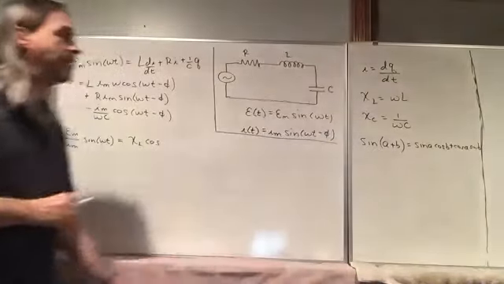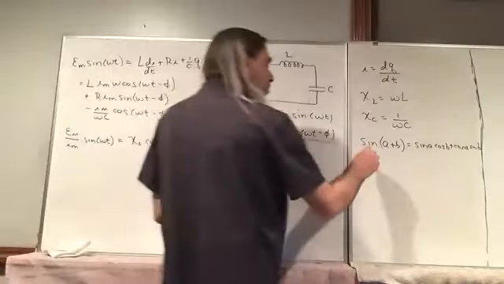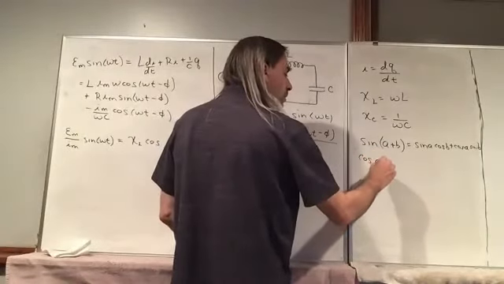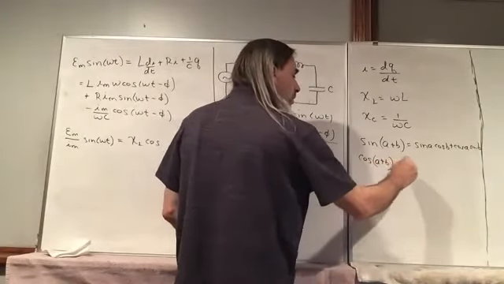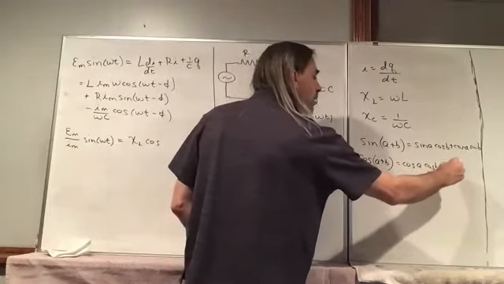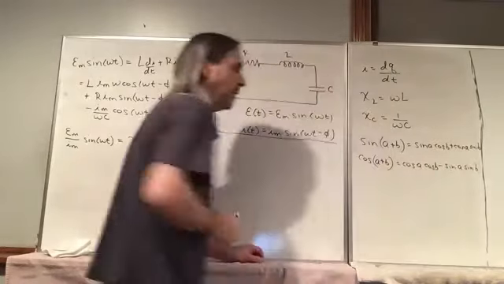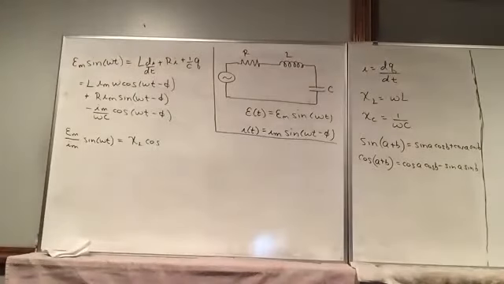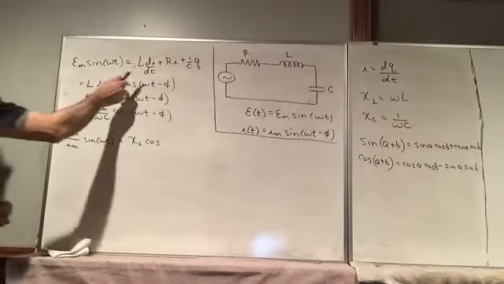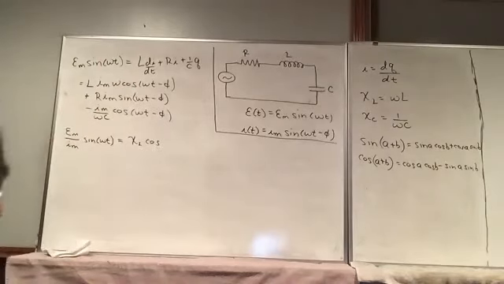Sine of A plus B is sine A cosine B plus cosine A sine B, and cosine of A plus B is equal to cosine A cosine B minus sine A sine B. Okay, so we're going to use these because we have cosine of A minus B, and sine of A minus B. Actually, I'm not going to do that yet, though.